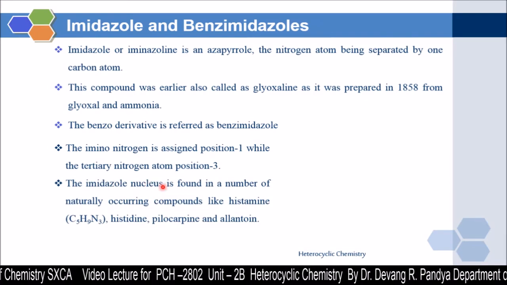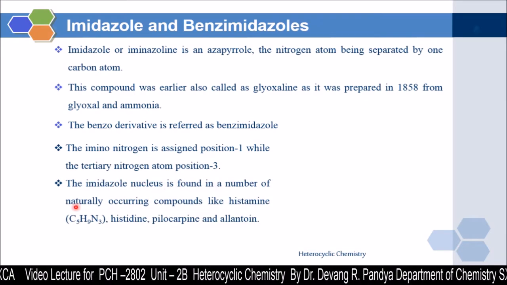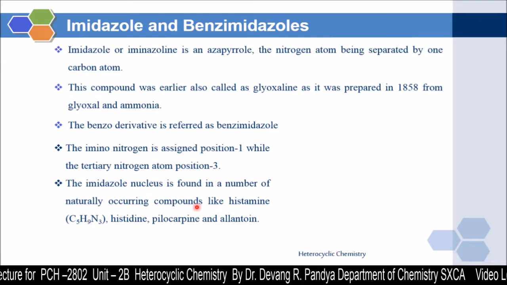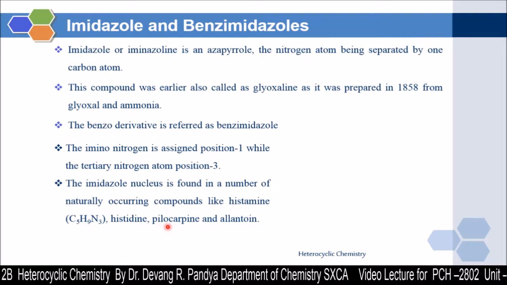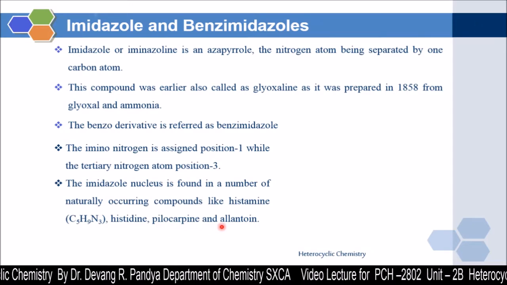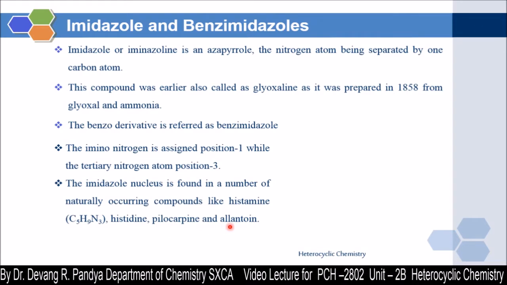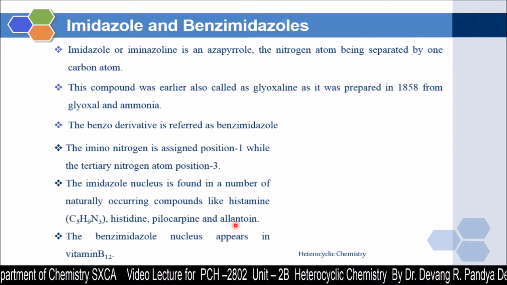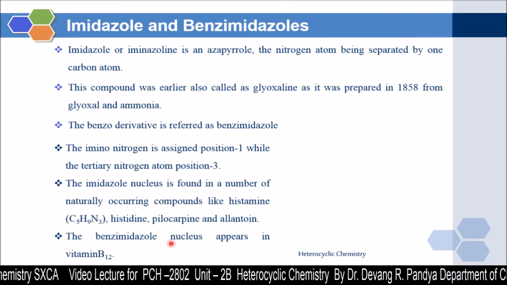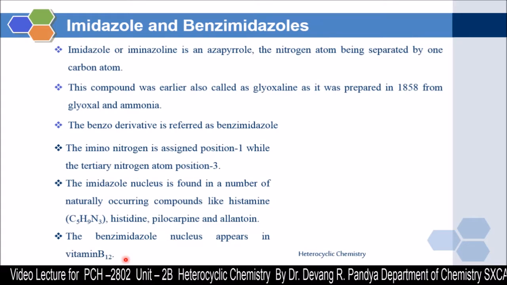The imidazole nucleus is found in a number of naturally occurring compounds like histamine, histidine, pilocarpine, and allantoin. The benzimidazole nucleus appears in vitamin B12.